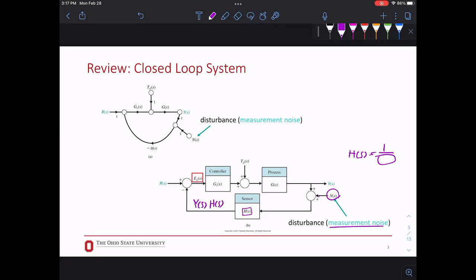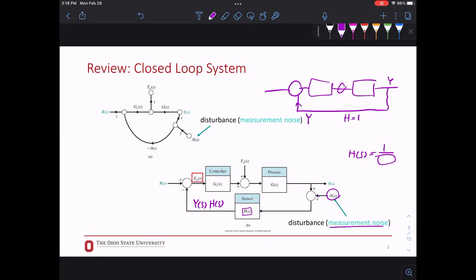Agreed? Reading times that. Now, unity feedback says H(S) is 1, right? So in your unity feedback, whatever you have here, I don't really care about that right now. You have something like this. So if you only have the signal, it means that this actually is 1, right?